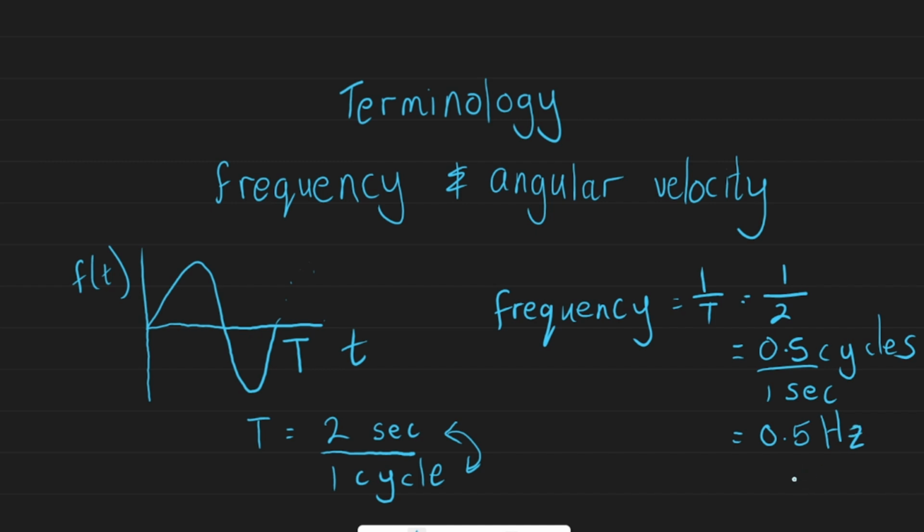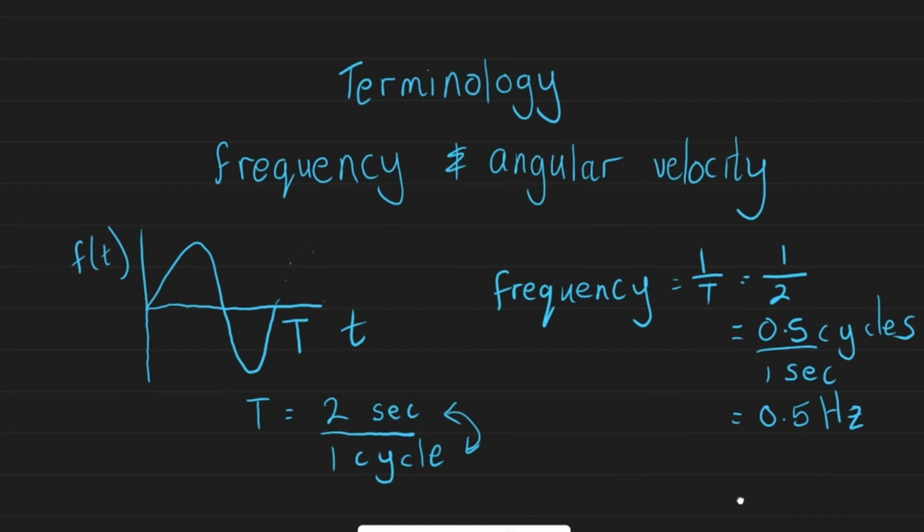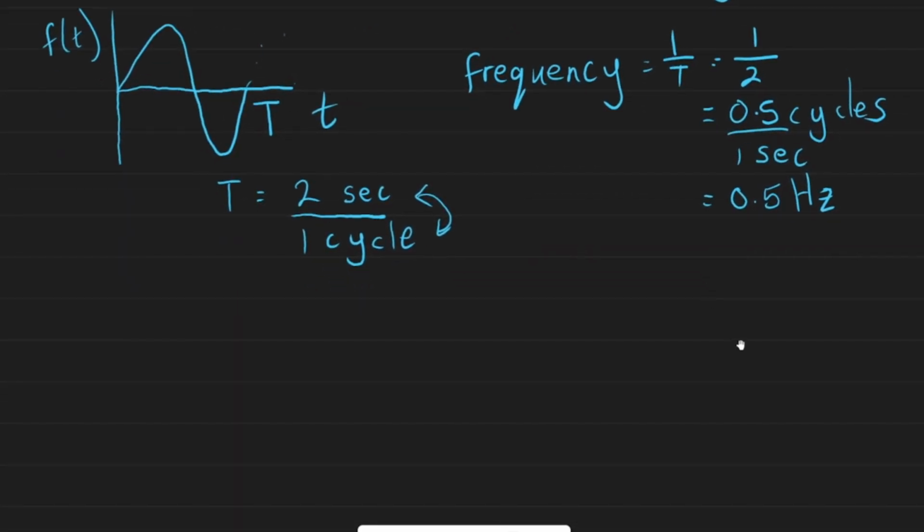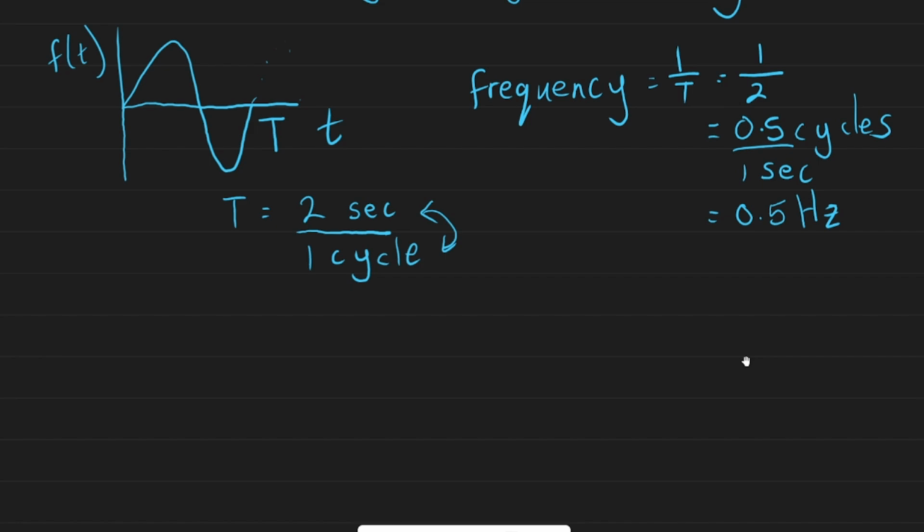So where do angular velocity and all of these things come in? Very often when we consider periodic functions, and we have considered the Fourier series, we have defined all of these things to be in terms of a period of 2 pi. So we often have to convert or consider these signals to be in 2 pi. So how do we relate this time domain to this period being 2 pi? Well, what we do is make the analogy of a circle. In the analogy of a circle, we know that there's an angle associated with each point along the circle.